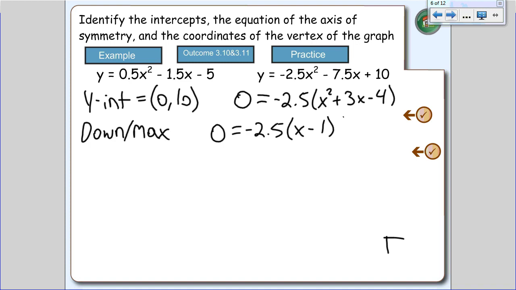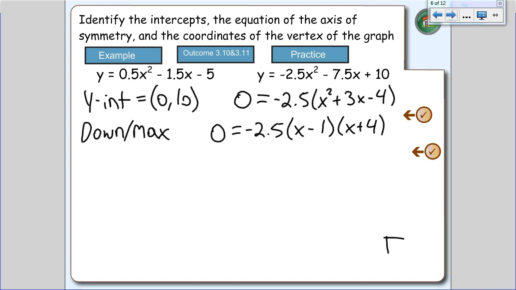With this one, we multiplied everything by 2 to get rid of the 0.5. With this one, we factored something out. If you didn't put the negative 2.5, you're still exactly right, because you could have divided both sides by negative 2.5. 0 divided by anything is still 0. You're still good.